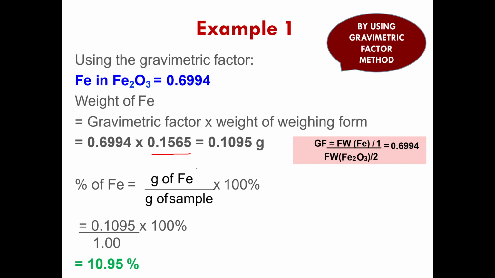The percentage of analyte is the mass of analyte divided by the mass of sample multiplied by 100%, so we get the same answer as using the chemical factors, which is 10.95%.